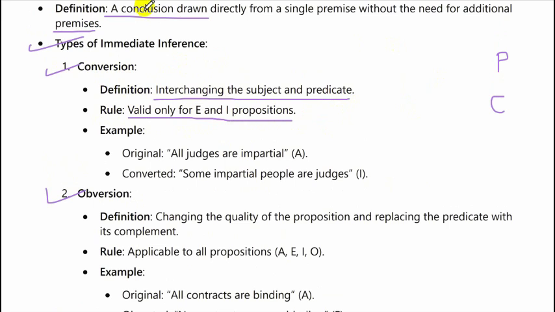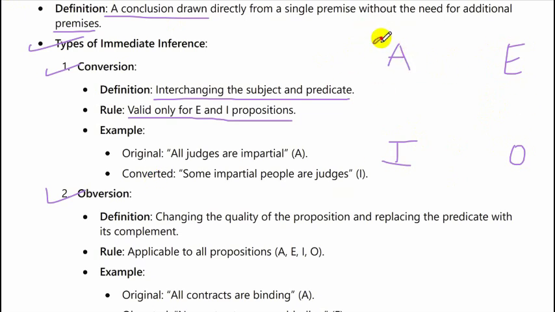So in the earlier videos, I had drawn the square table A, E, I, O. These are the different types of proposition.